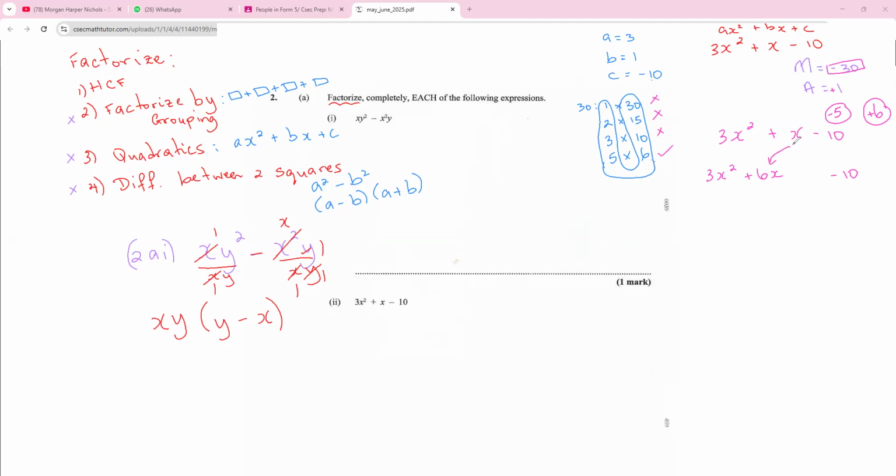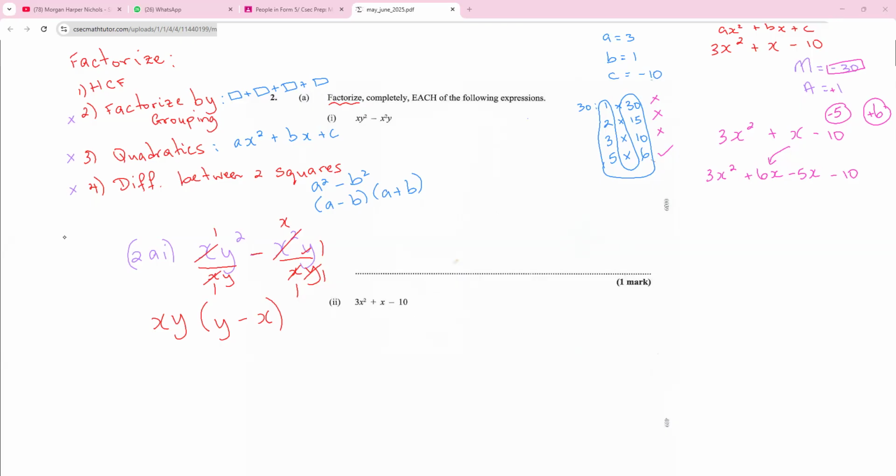So we're going to take 1x and break it into 6x minus 5x. Right? So 6x minus 5x.